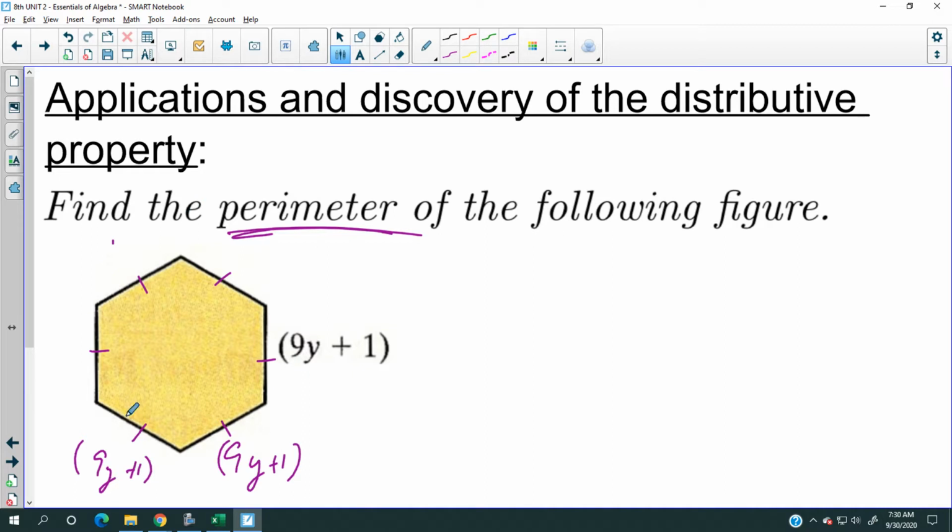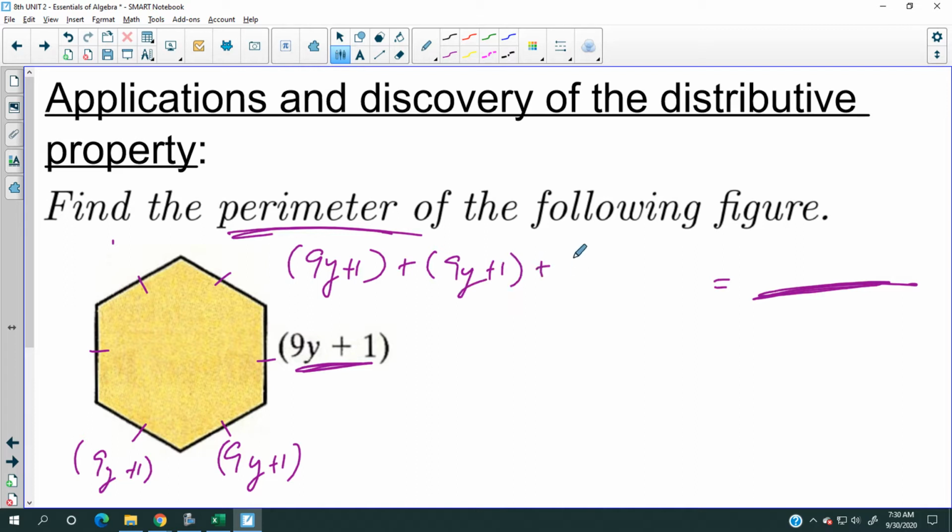If you add all of these up, that will give you a sum, an expression that reflects the perimeter of the figure. That means you might have to do something like this, and so on and so forth. But that's inefficient, to say the least. What's a shorter way of doing that?